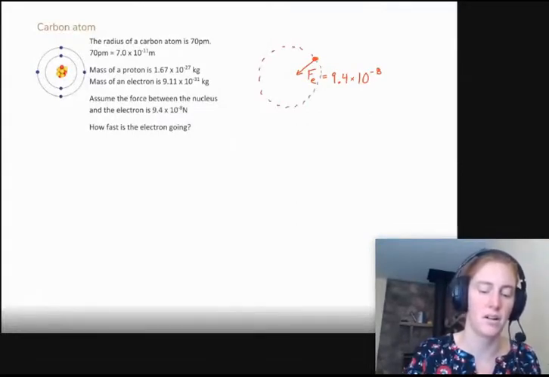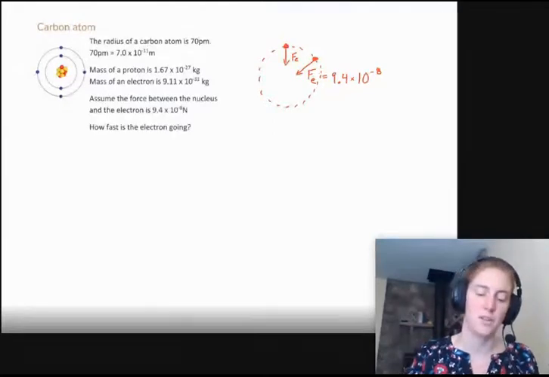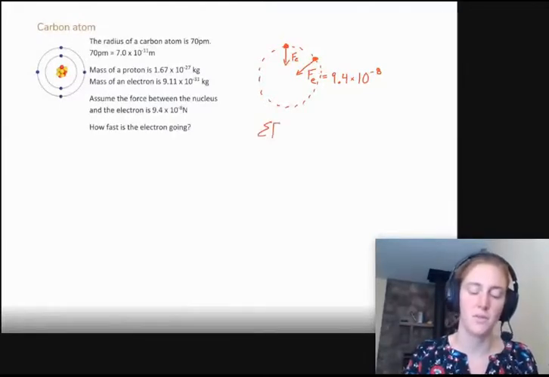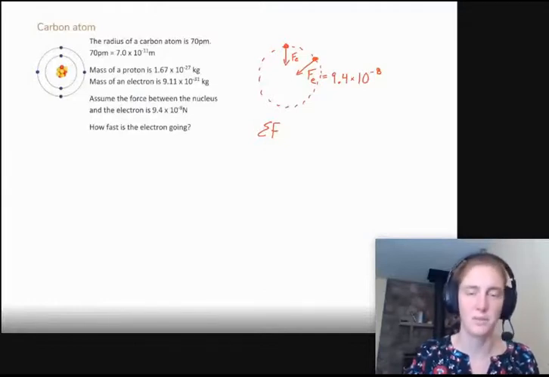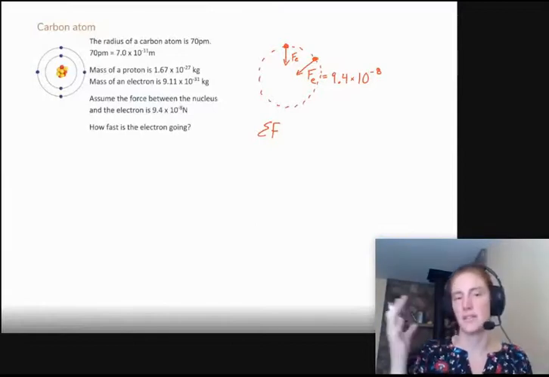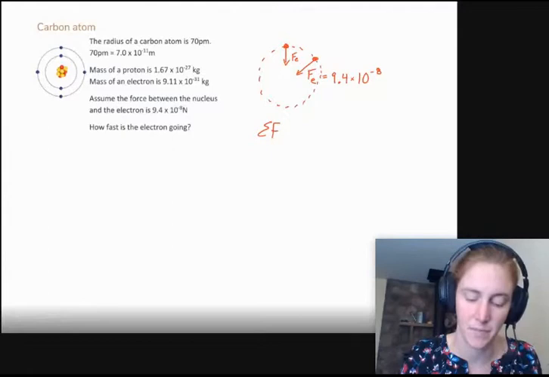So I could also draw it up here and being attracted straight down. That would also be fine. So the sum of my forces is only the electrostatic force. Its mass is so small that we can ignore gravitational force. Plus, I'm just focusing on the force between the electron and the nucleus.